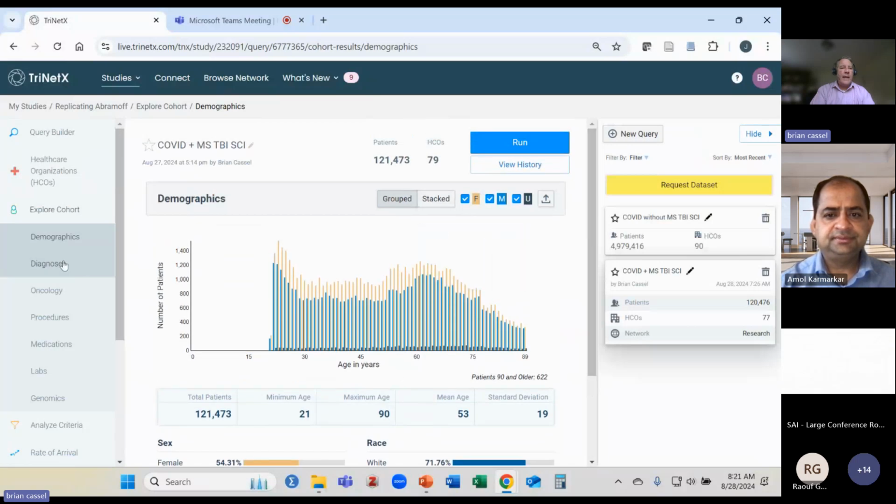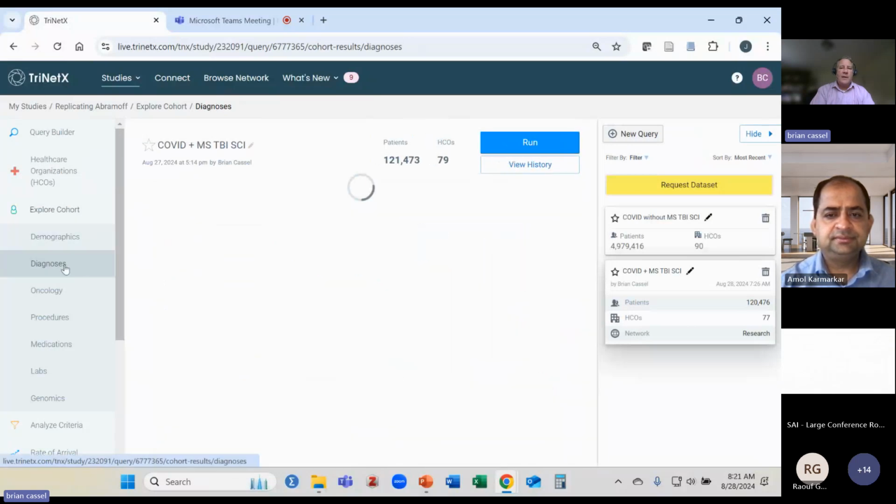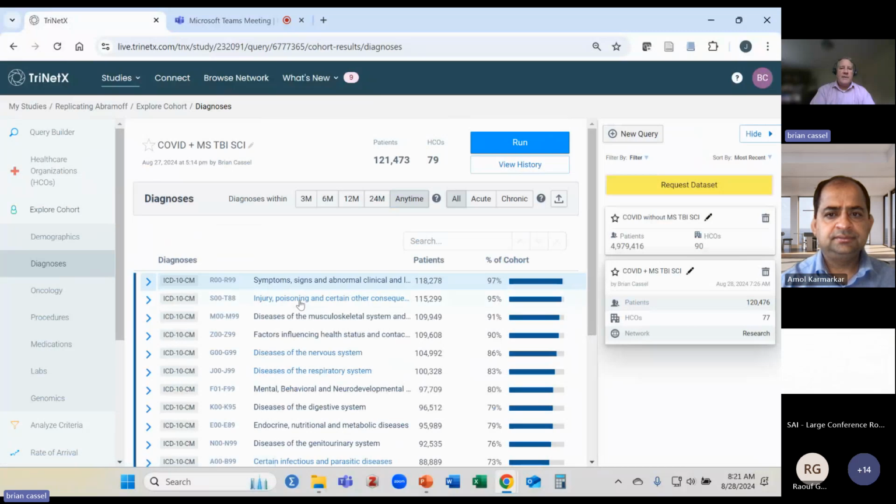And here you can go down to diagnoses if you want to explore those. And you can see what they have. Lots of comorbidities in these groups. But you can see other things, their procedures, their medications, etc. So this is where you would build up information for table 1, for example.